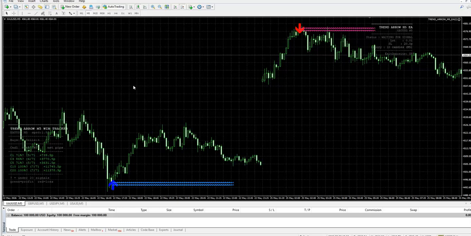So this is a really very specialized option only for M5. You cannot use it for any other, but I am planning to make editions for other time frames also. So this is more for you who trade small, low time frames.